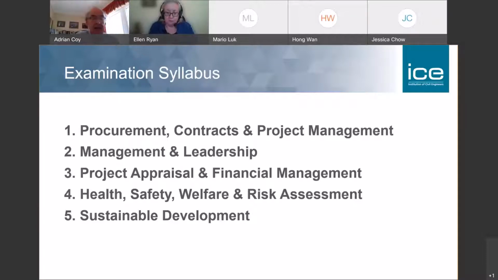The key element of the exam, and we will be looking at further training on the exam between now and the first exam, and Ellen may talk about that later. But the key element is that you must answer the questions that are set in the exam, and at the same time demonstrate the knowledge across the syllabus.